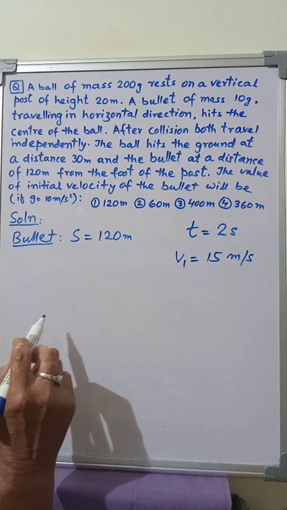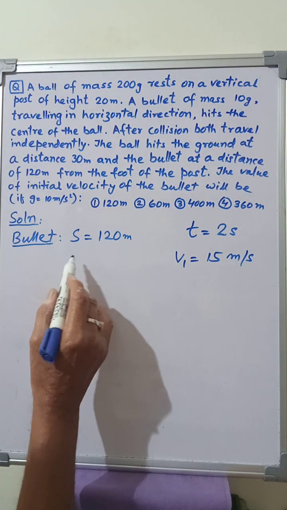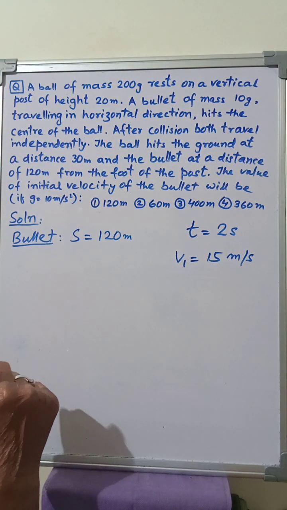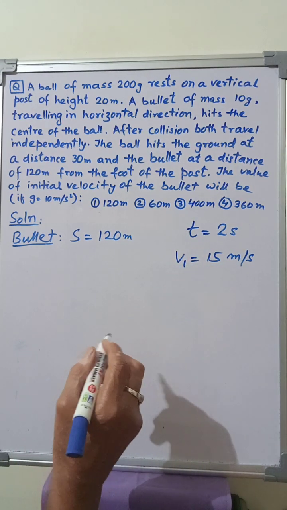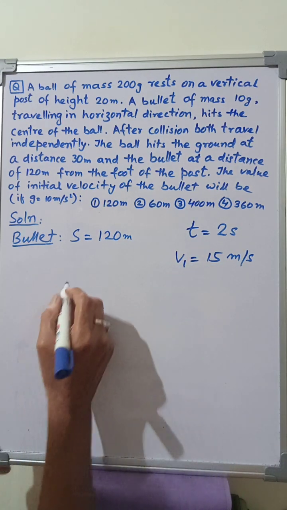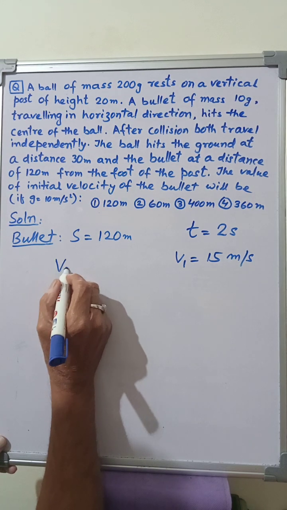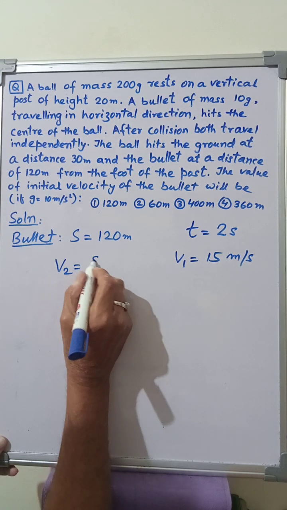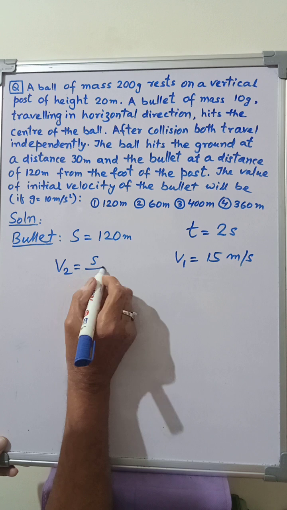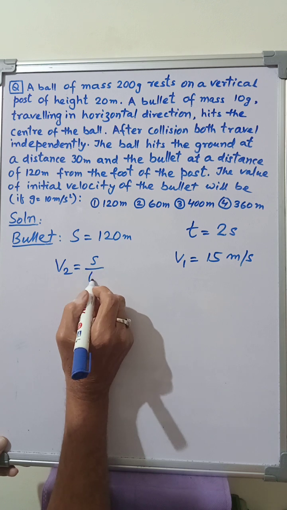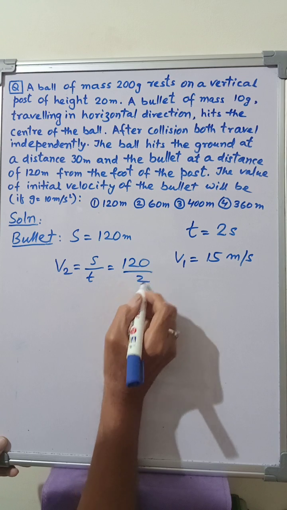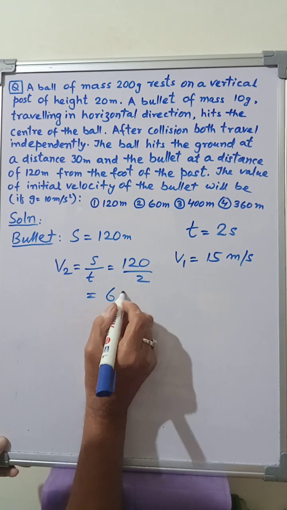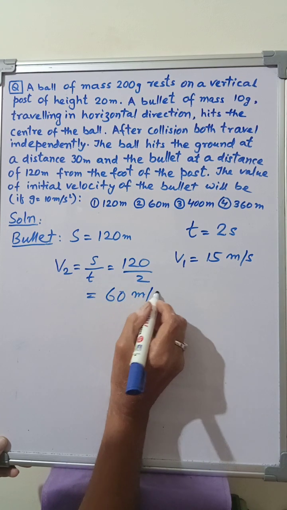Now for the bullet, the distance travelled s is equal to 120 meters and the time of course is 2 seconds. Therefore, its velocity v2 will be equal to s by t, which is equal to 120 by 2, which is equal to 60 meters per second.